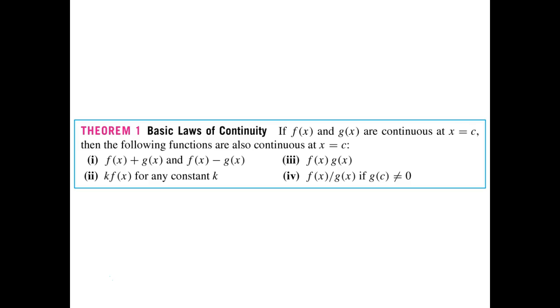That would be one that would do something like this at c, or this at c, or this at c, but it's definitely not continuous at c. But any time when g of c is anything other than 0, it is a continuous function. And it's the quotient of those two values. Okay?